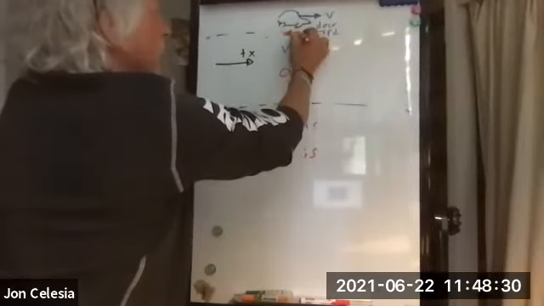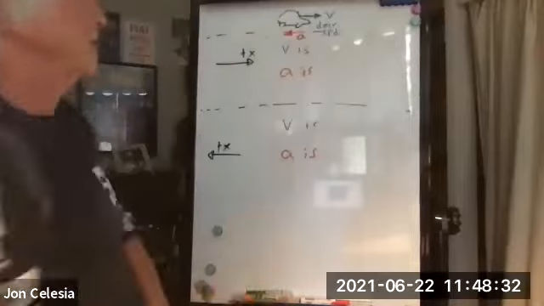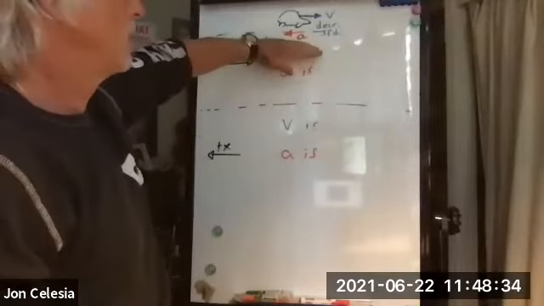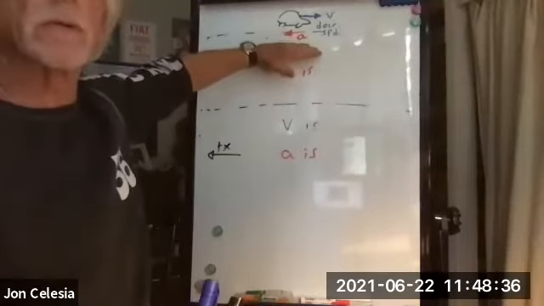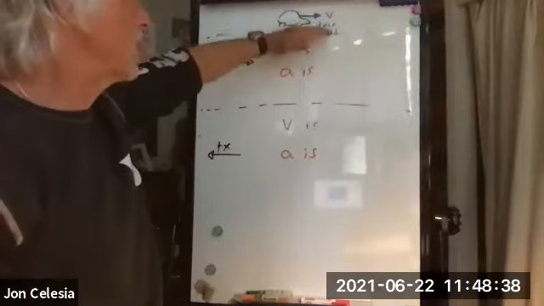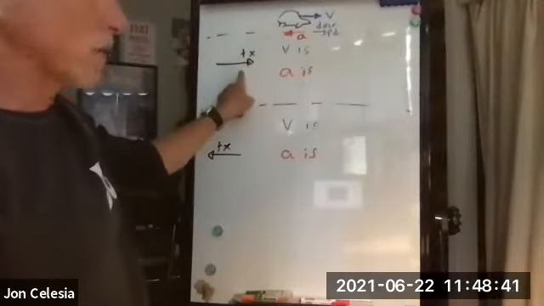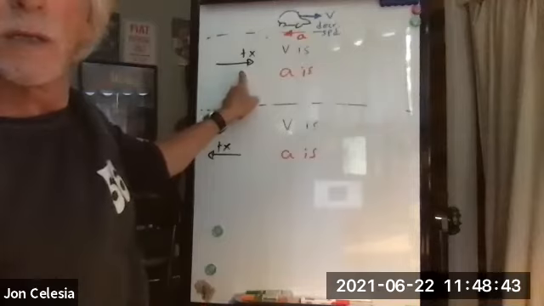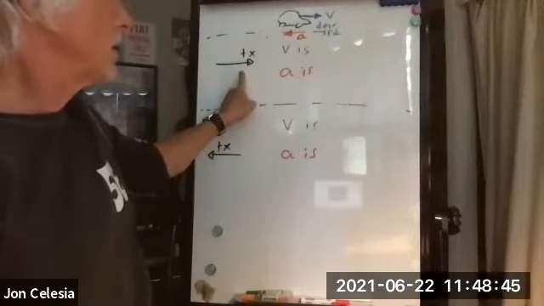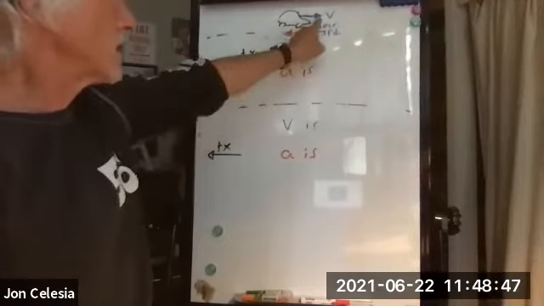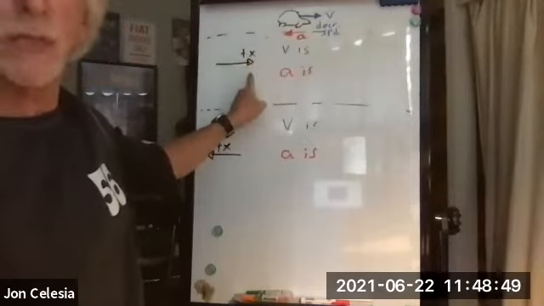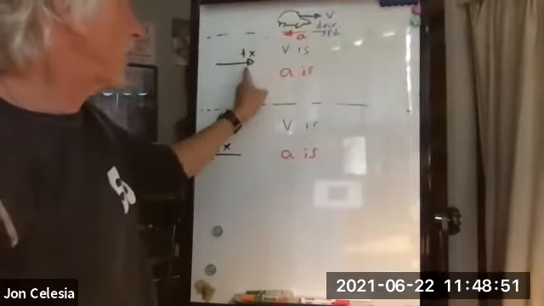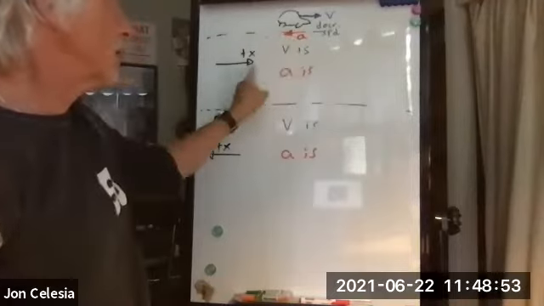Usually we put the V right on the thing, but A. That's true. Now, velocity is positive or negative using this coordinate system? Velocity is, you see it? Same direction, positive. Acceleration is negative.